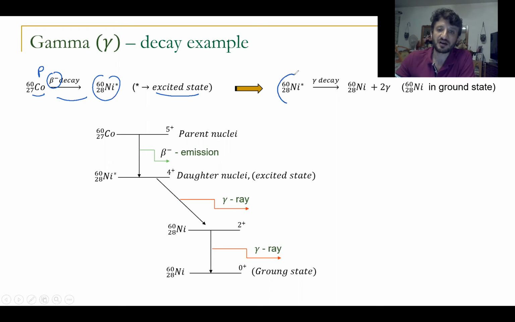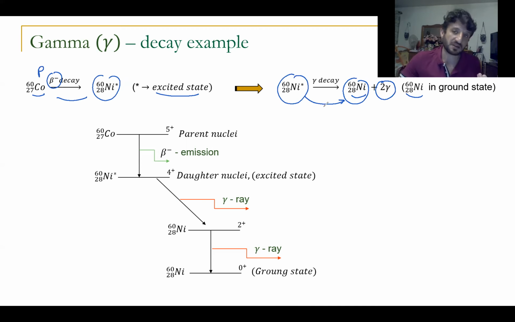Ni star will decay by gamma decay to Ni, which is in the ground state. To have the transition from Ni star to Ni, we have two gamma rays. What I mean is we have two gamma decays. For each decay, we have one gamma ray. If we have two gamma, it means we have two gamma decays.